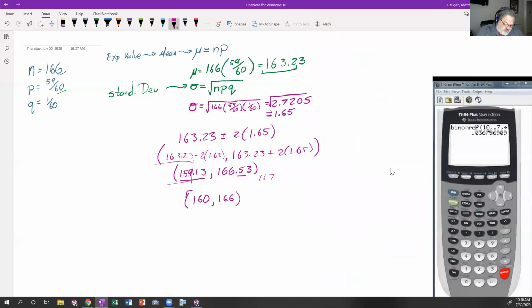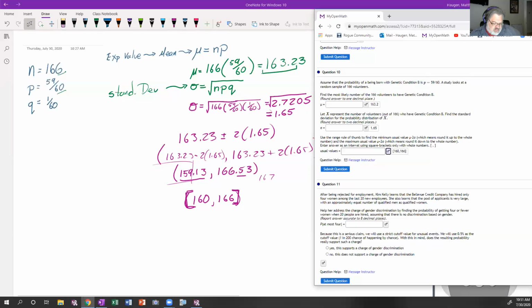And because these are included values now, they switch the interval to square brackets, as they should have. So yeah, we get really in the habit of, when we round, looking at the number right after.